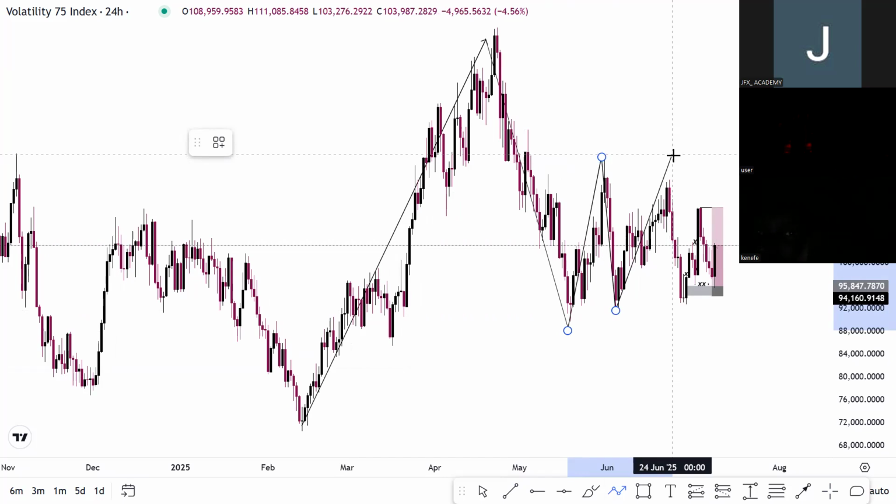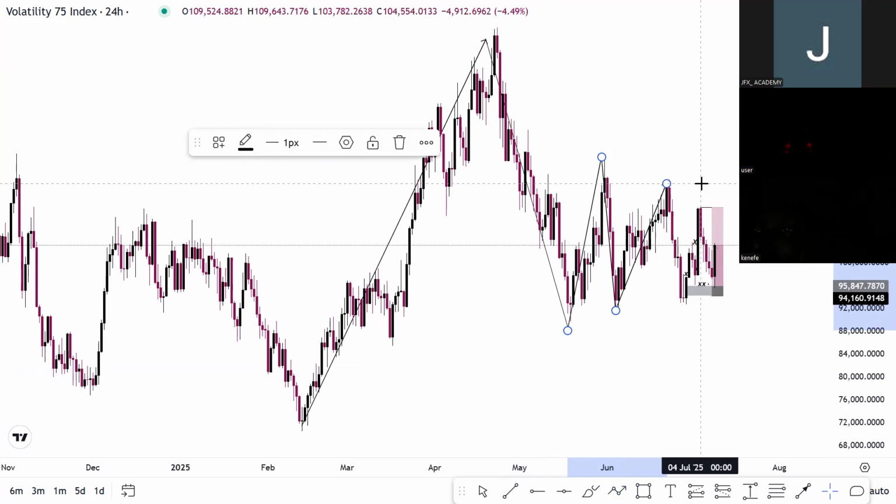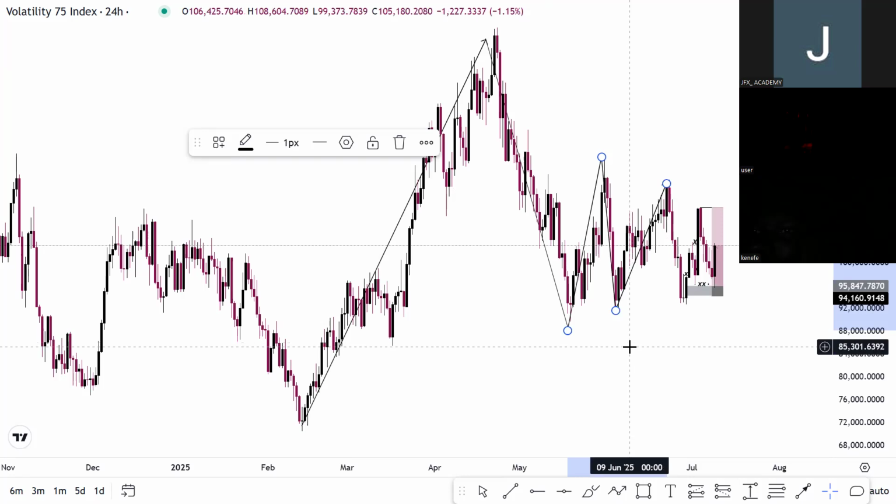Like I said, each pair, each volatility, each coin and everything you trade has its own movement, and has a lot of things on the chart you need to look out for. It depends on what the chart is actually giving you. We can go to another pair and we'll see something different.